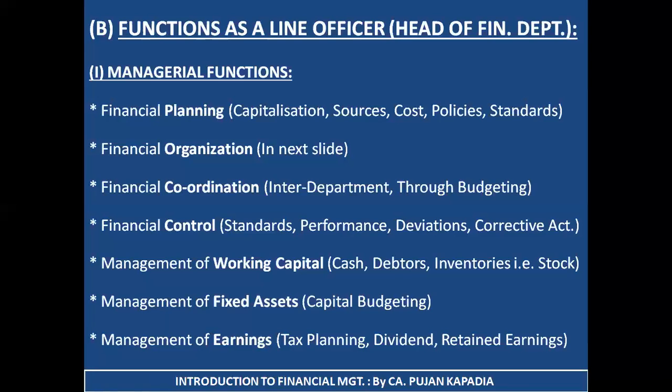For example, there is a technique that I will probably be dealing with, known as ABC analysis. Now, ABC analysis basically talks about dividing your entire stock into three categories: A, B, and C. Now, what is A category? It is minimum in quantity but maximum in value. For example, I have 10 different types of coins.